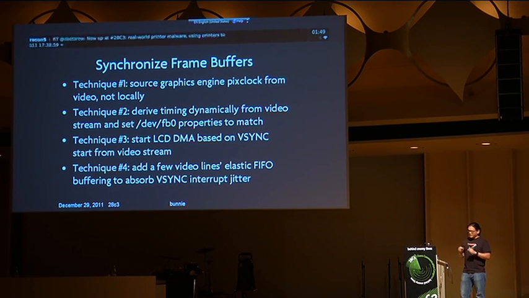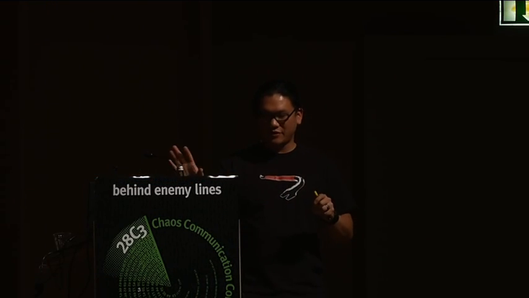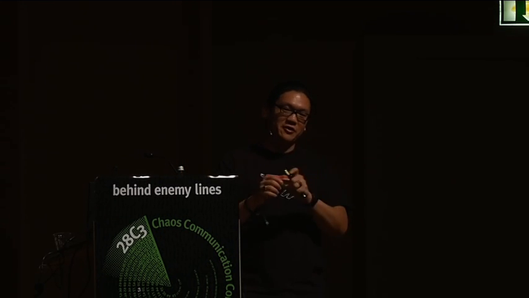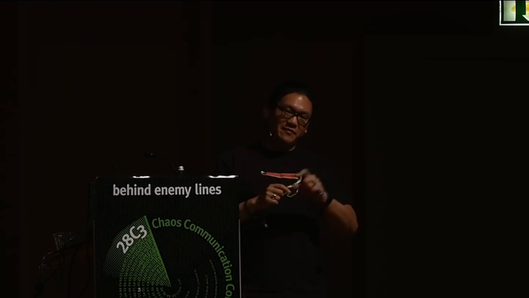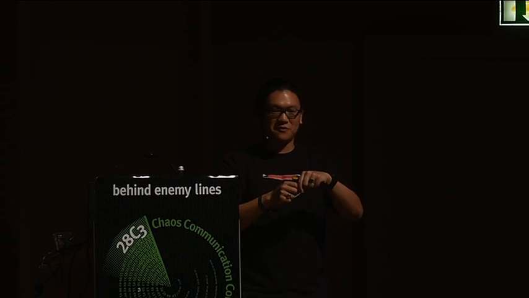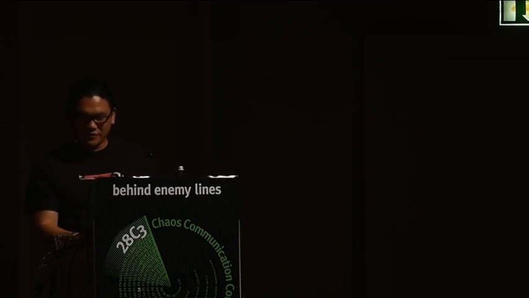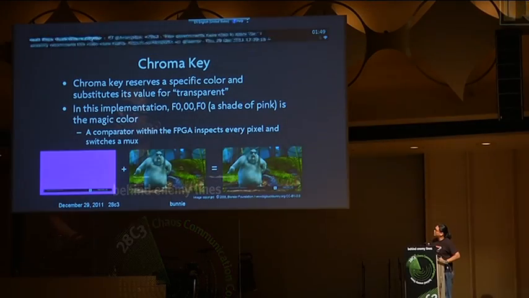And we have a system that actually tries to measure the interrupt delay between when the interrupt edge arrives and when the actual DMA starts, and we pre-compensate that. So we actually start the LCD DMA a little bit earlier so that the first pixel arrives when the actual first pixel comes in the frame. So there's a whole bunch of bits and pieces that we do to get that to work just right.